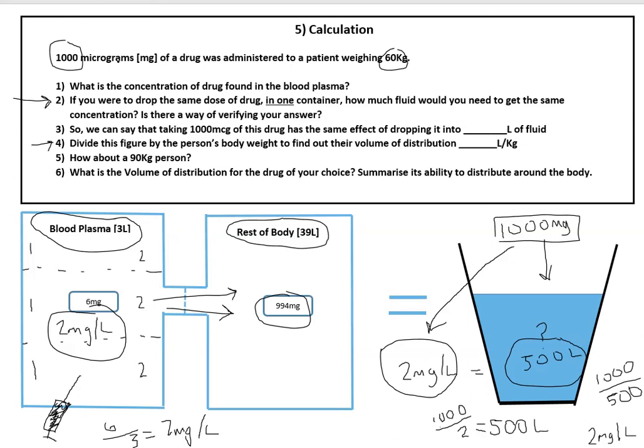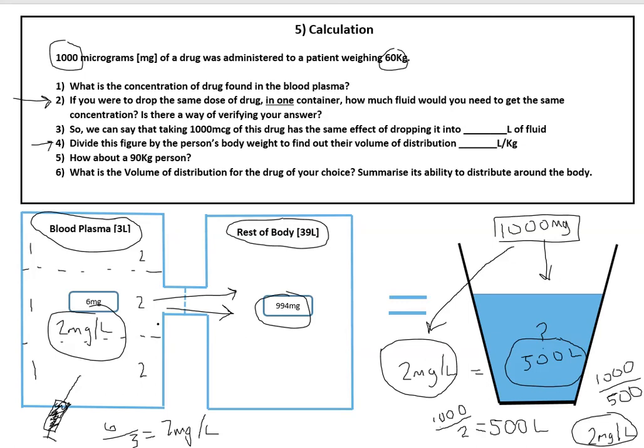So when you take 1,000 milligrams of a drug, you achieve 2 milligrams per litre within the drug plasma. This is the same conceptually as dropping 1,000 milligrams into 500 litres of water, which gives you the same concentration of drug in the fluid. Okay.